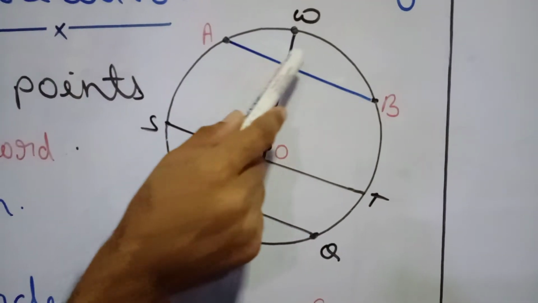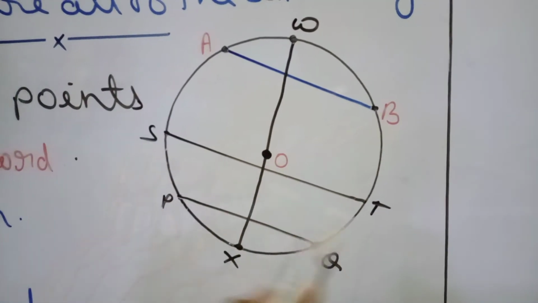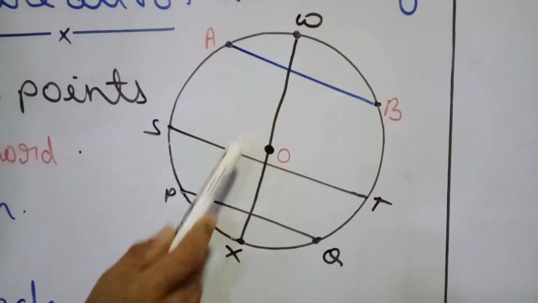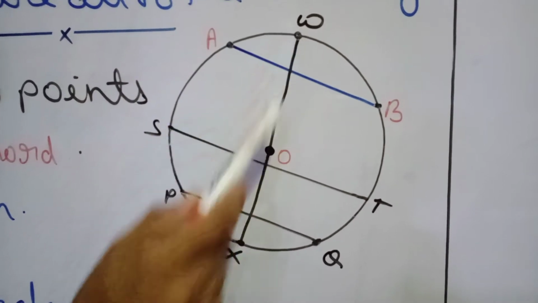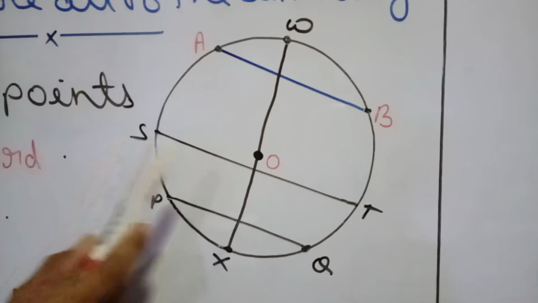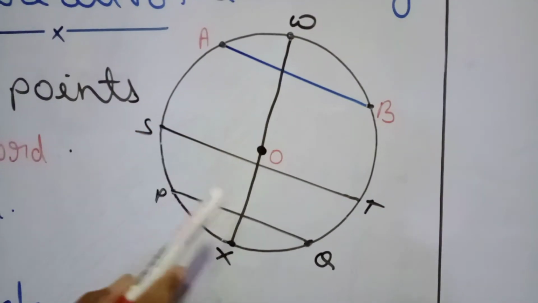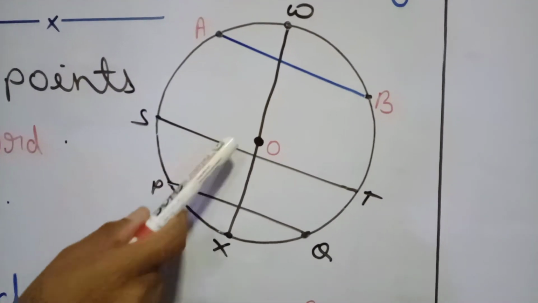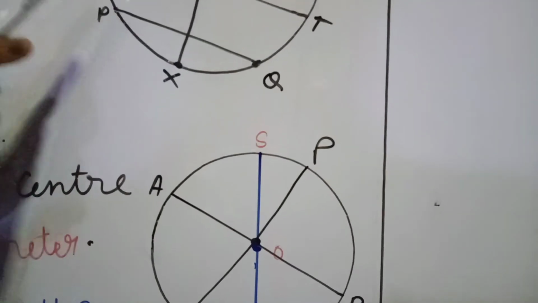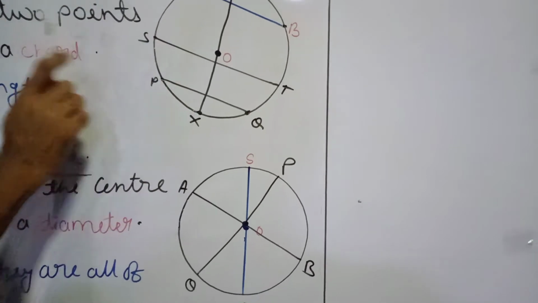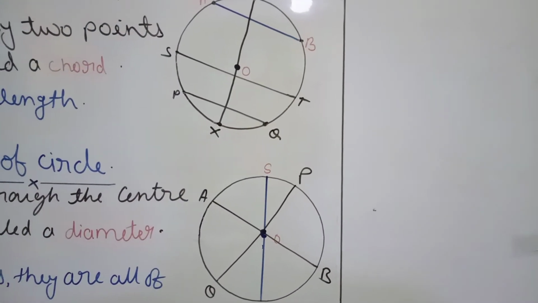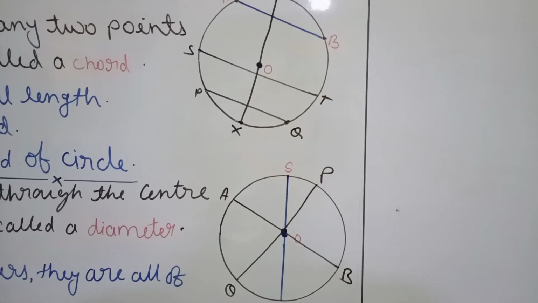Like here we have the 4 chords AB, ST, PQ, WX, but out of these 4 only one is a diameter, that is WX. Only WX passes through the center, so it is the only diameter. So we can say each and every diameter is a chord, but each and every chord is not a diameter. This way we come to know the various parts of the circle.